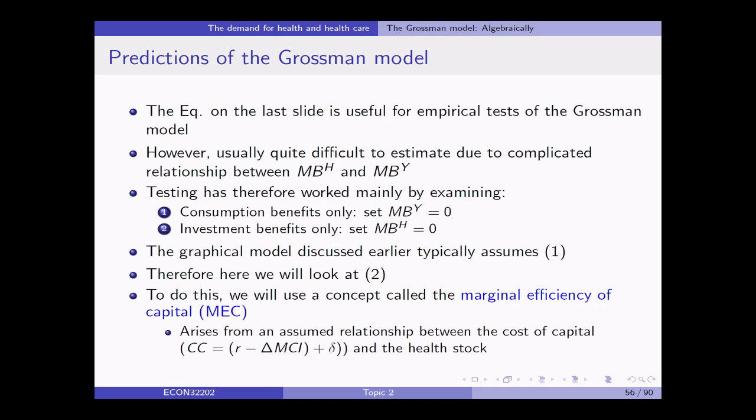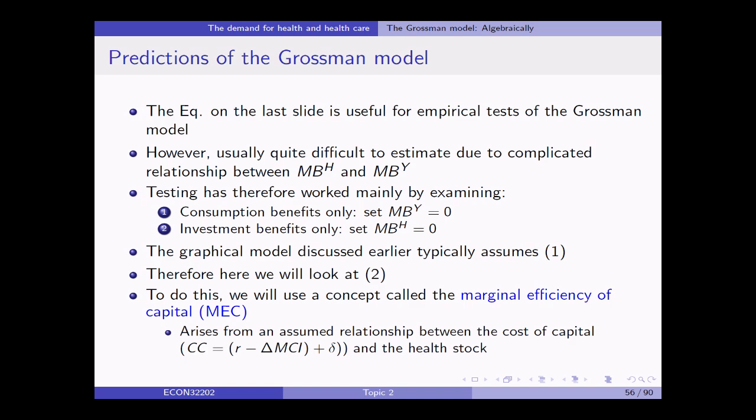And importantly, you can use it to test whether different groups of people do different things. So the Grossman model, like all economic models, essentially assumes everyone is homogeneous, but that's not the case. Different people are going to react very differently. So for example, older people who have high depreciation rates of health are going to behave very differently to younger people who typically have higher stocks of health and lower levels of depreciation. So we can back that out as well.